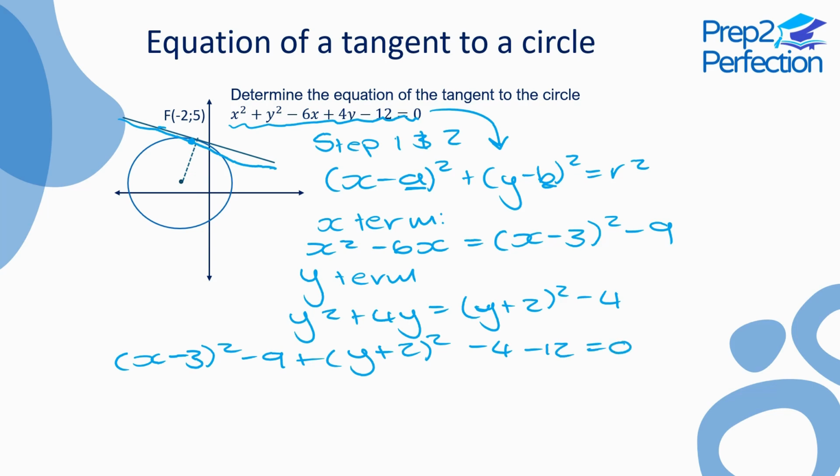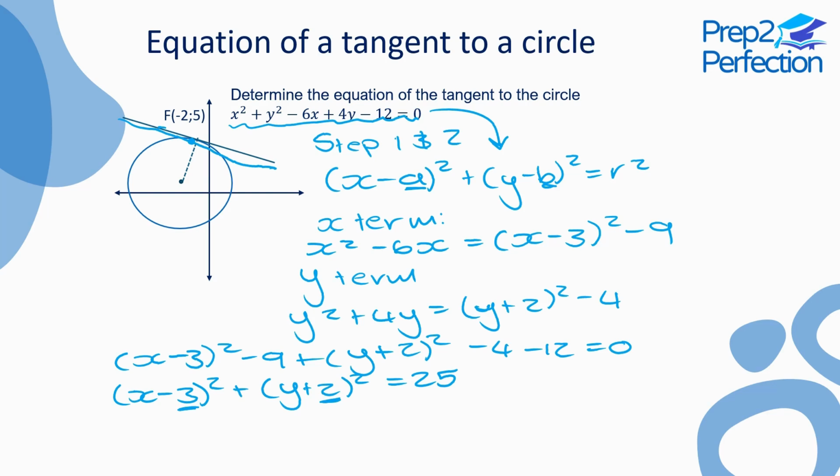And then we can simplify and clean up everything to get (x − 3)² + (y + 2)² = 25. And from here, this is our equation for a circle. And then from here we can see that a is 3 and b is −2.